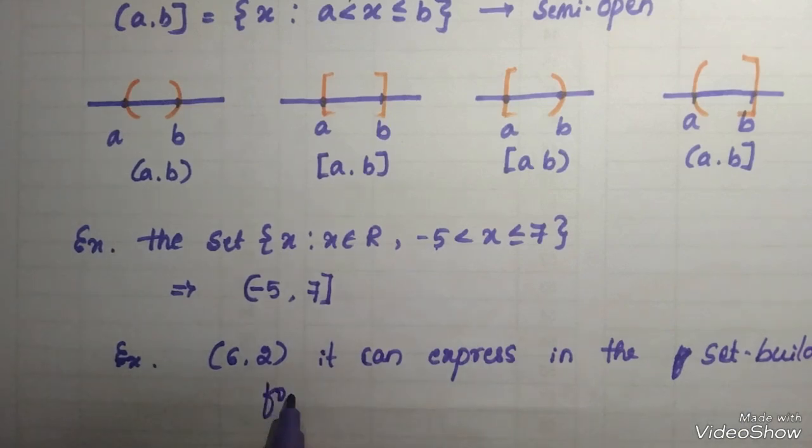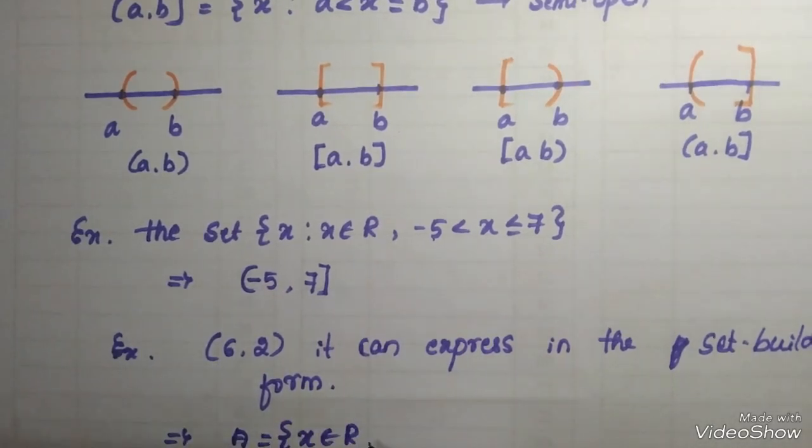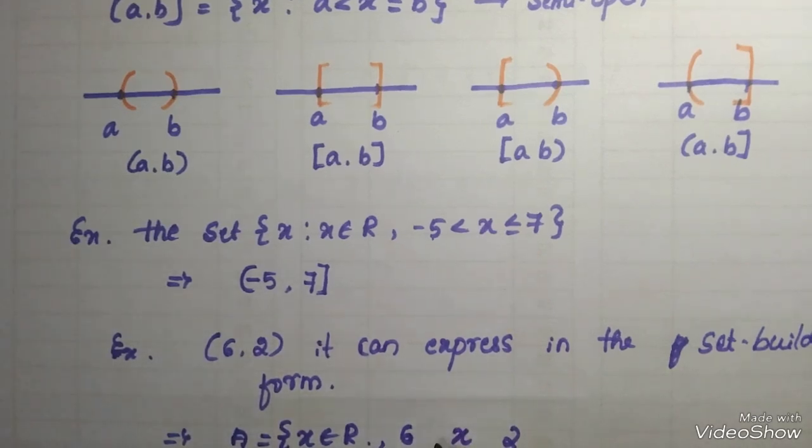The general set builder form is, we write set A equals flower bracket x, where x is a real number, such that, first we write the elements 6 and 2, then x in between the interval of the elements 6 and 2.